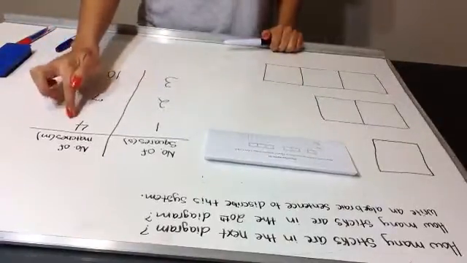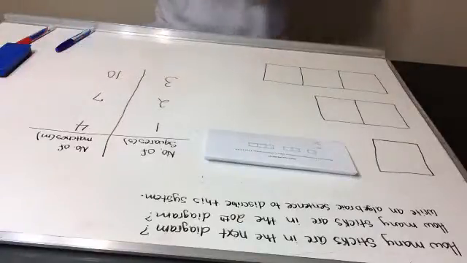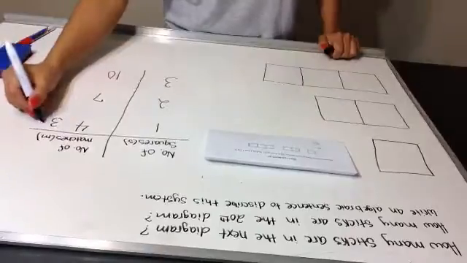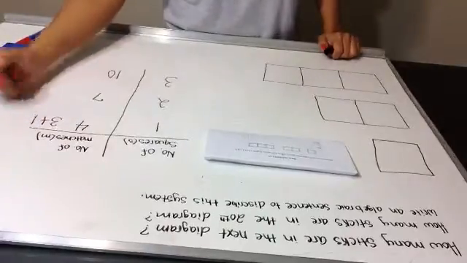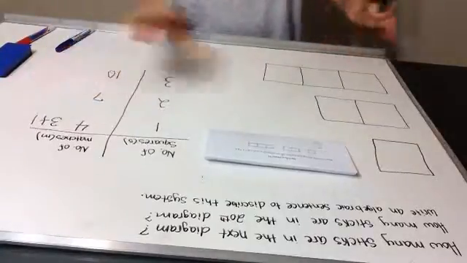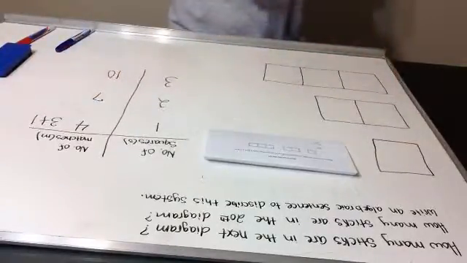Now if you notice here, a rule that we can use to get 4 is 3 plus 1. Now where did I get this 3 plus 1? Let's look back at our squares.